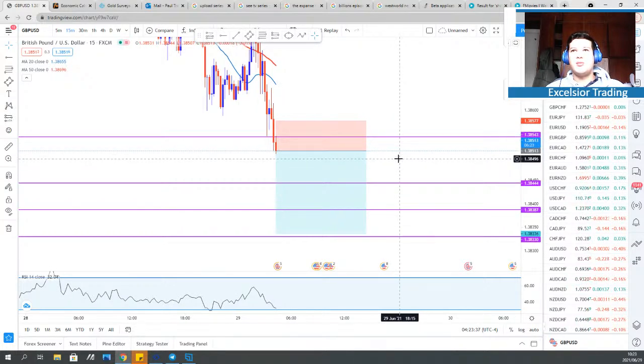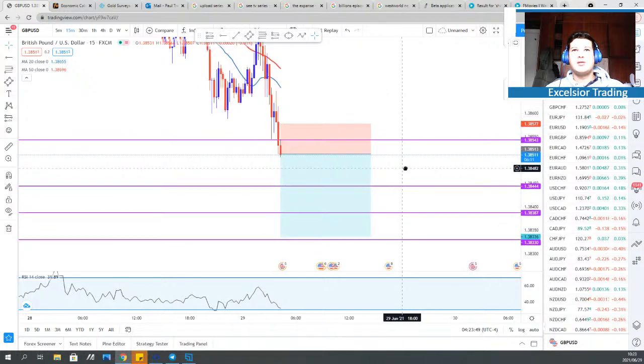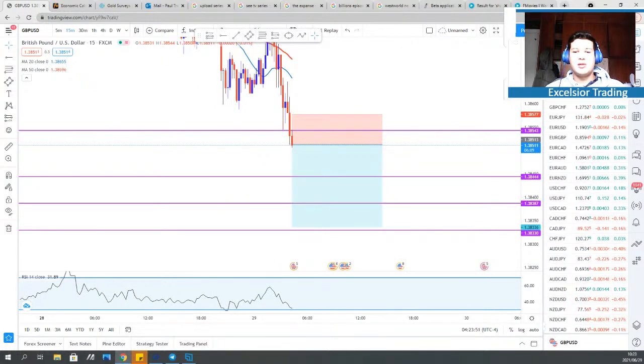So this would be how many pip stop loss? Should be about 50, 50, 60. Now it would be 60. So that means, you know what, guys, I'm gonna take this trade. I'm gonna take it. Fuck it, I'm gonna take it.